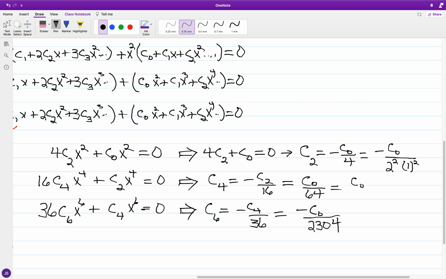Now for c naught over 64, so we have c naught, and now if I'm working with base 2, you notice we have 2 on the denominator, so we fixated on the exponential base 2.